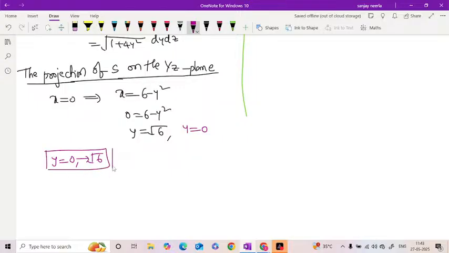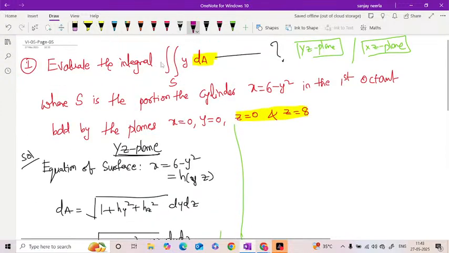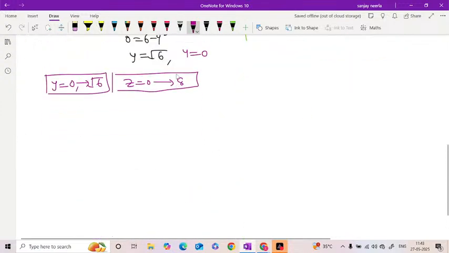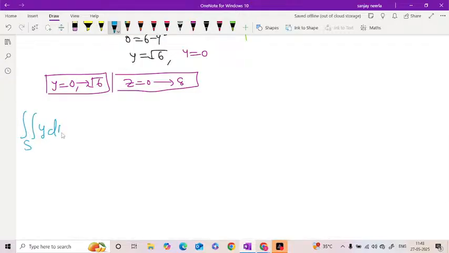and the z limits are 0 to 8. Now the problem is simple. What is our problem? Double integral of y dA.